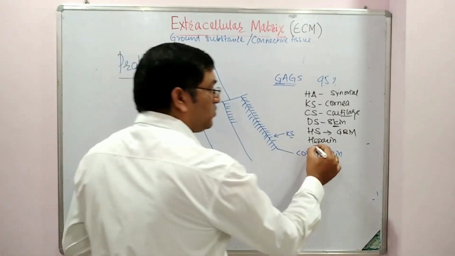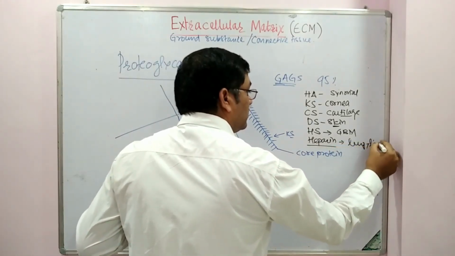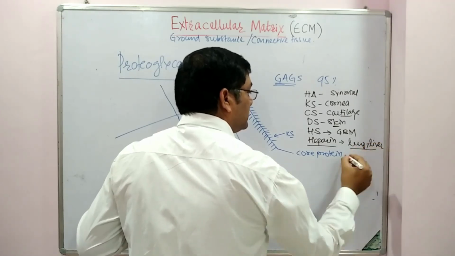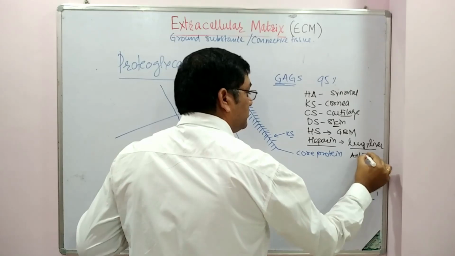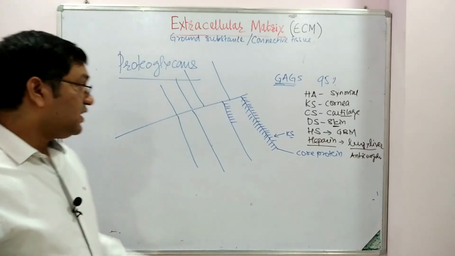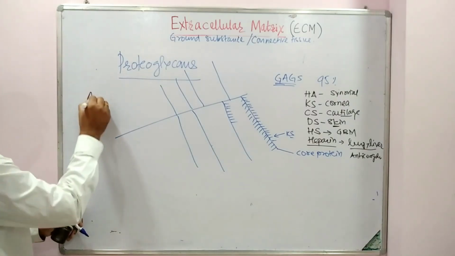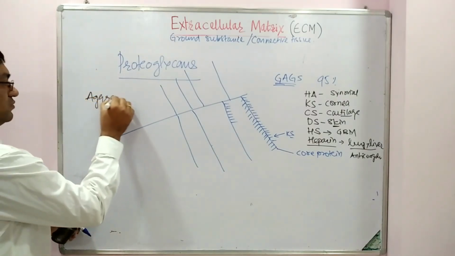Heparin is an anticoagulant present in lung and liver. So these are the various glycosaminoglycans involved in the formation of proteoglycans. One of the proteoglycans is aggrecan, which we already discussed.